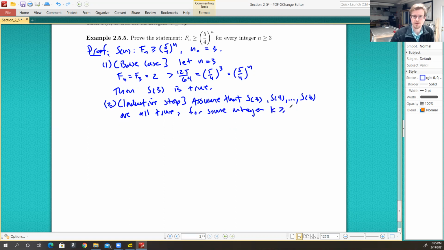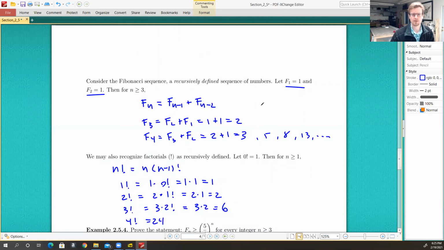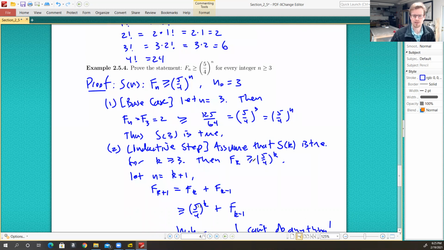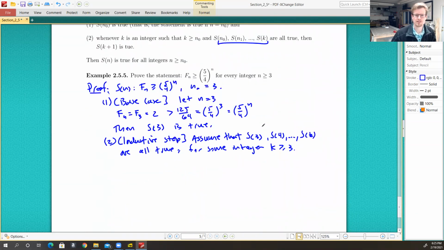Of course, that needs to be greater than or equal to 3, because the smallest thing we could consider is 3. In our last example, we pointed out that if S of k is true, then F sub k is greater than 5/4 to the k. And that's what we want to utilize here.